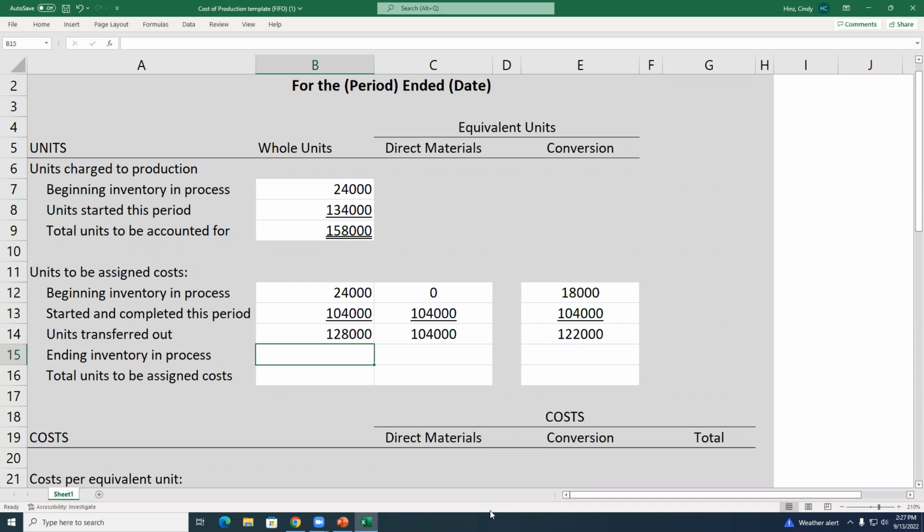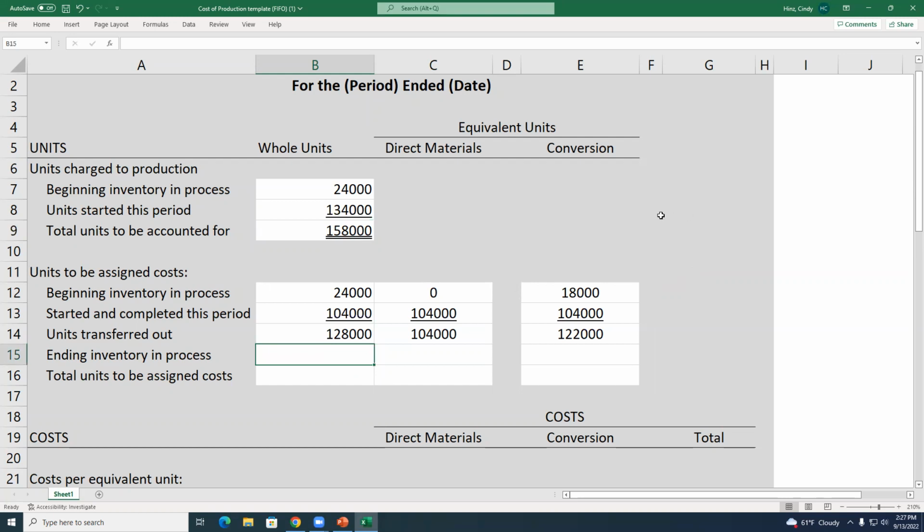How about our ending inventory? Well, the last line in our given information says we don't know how many units were in ending inventory, but we can figure it out. We know we were working on a total of 158,000 units during the month, and 128,000 units were finished.